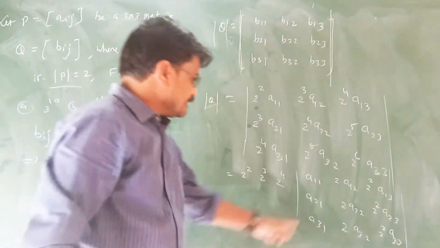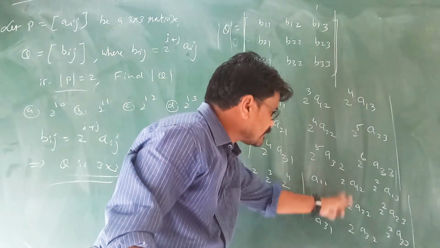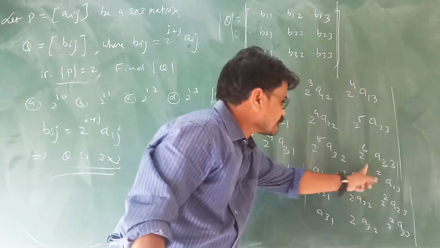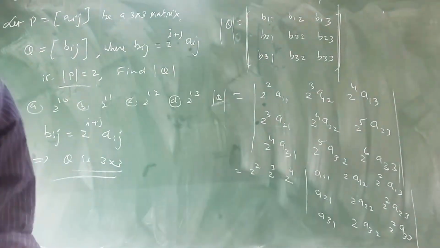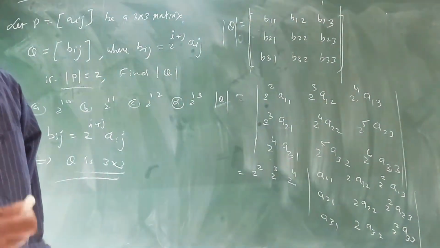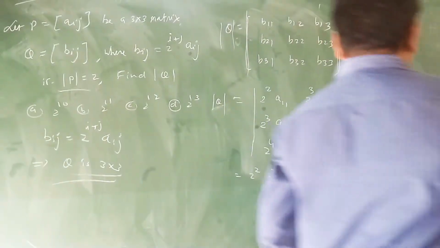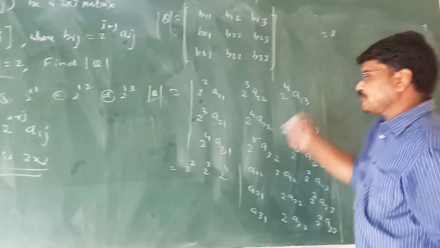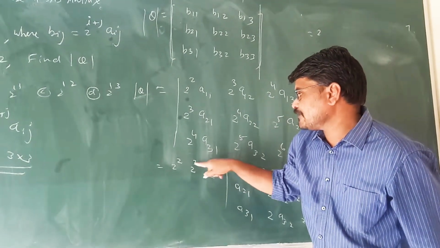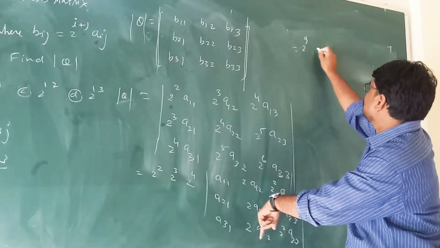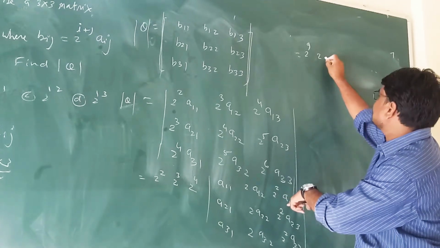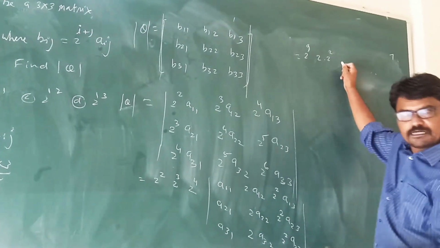अब क्या करें, as you can see that 2 is common in the second column and 2 to the power 2 is common in the third column, so I can also take this 2 and 2 की power 2 from the second and the third column as common, so therefore we have now 2 की पावर 7 and 2 9, then we have taken common this 2 from second column and this 2 की power 2 from the third column.